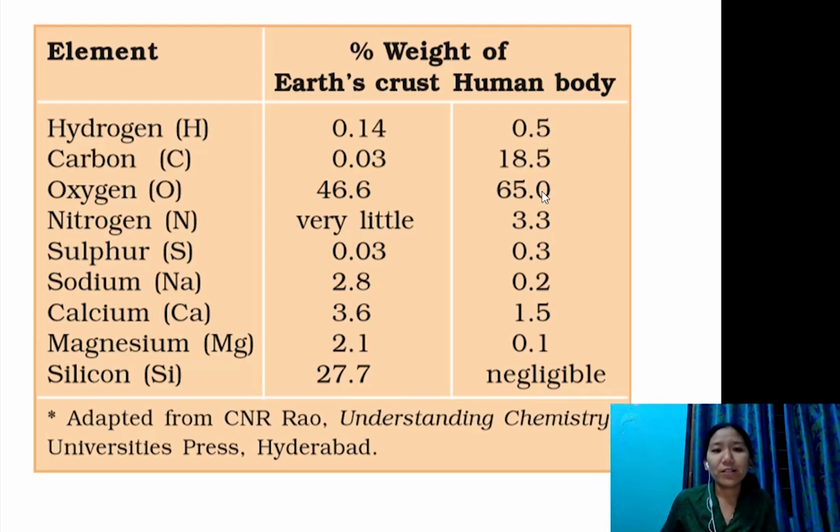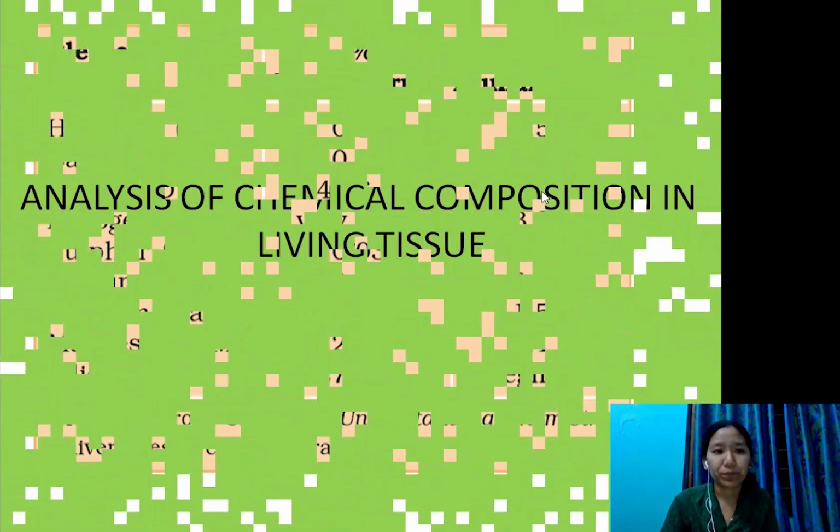The difference is that the relative abundance of carbon and hydrogen with respect to other elements in living tissue is much more than in the Earth crust sample, that is, in non-living things. So in living organisms, you can find a higher percentage of carbon and hydrogen.